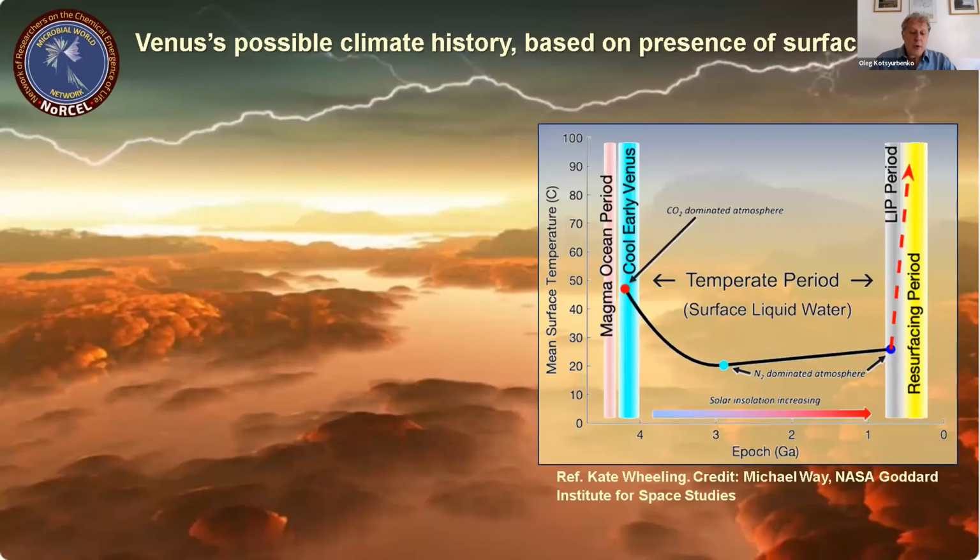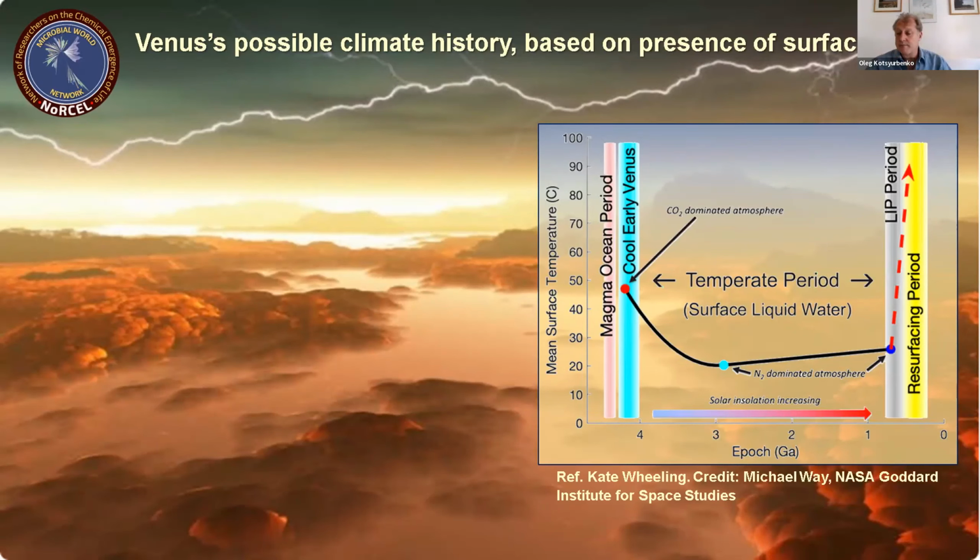There is a hypothesis of water presence on the surface of ancient Venus for quite a long time. And there were water reservoirs where life could originate.